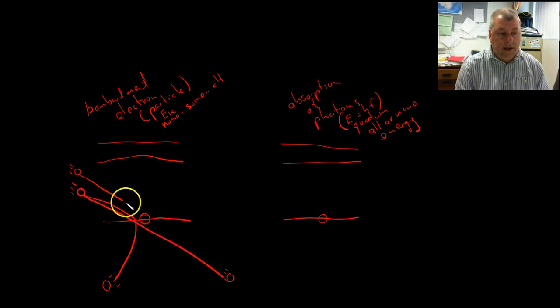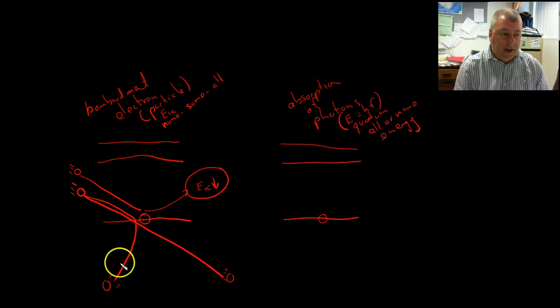Or they collide and get scattered, and the kinetic energy is reduced because they've given some kinetic energy to the atom's electron. And these guys are your scattered electrons, which can have variable energy depending on the type of collision that occurs.